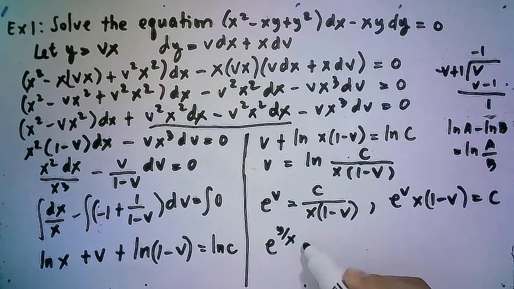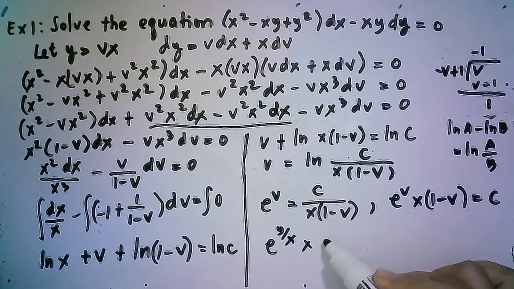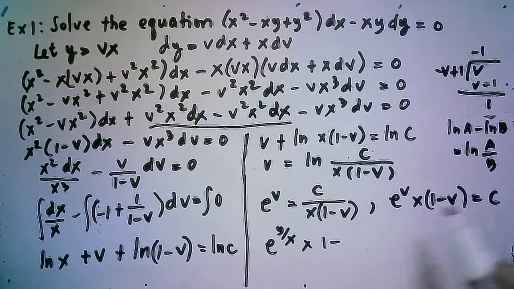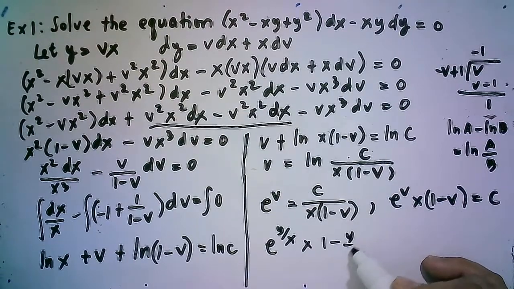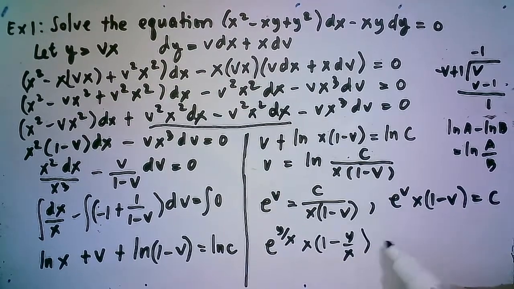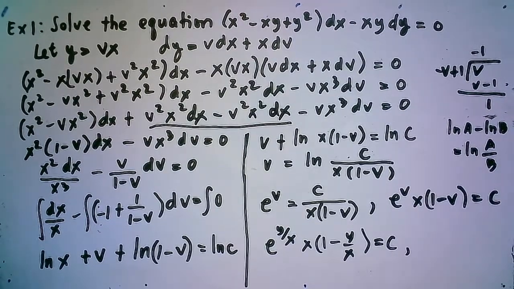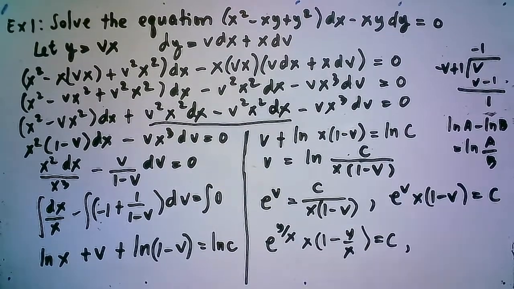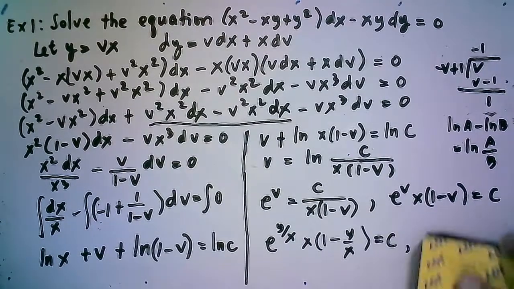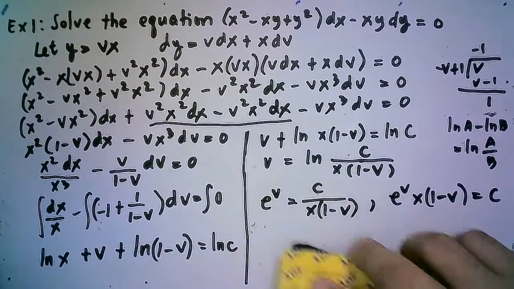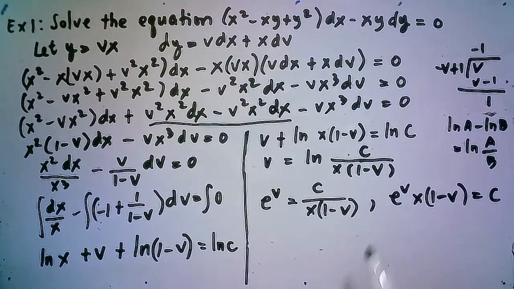And then x times 1 minus, instead of writing v, we have here y over x equals c. So our final answer now is c. Let me reduce my writings.